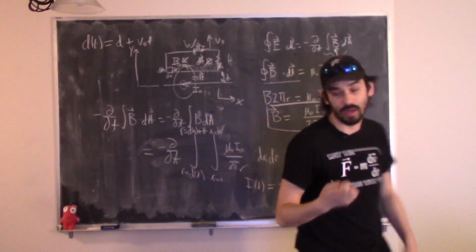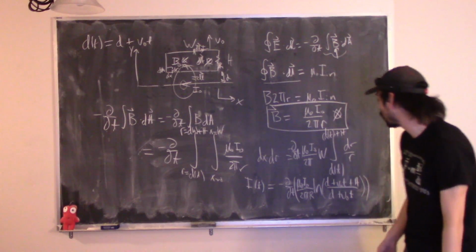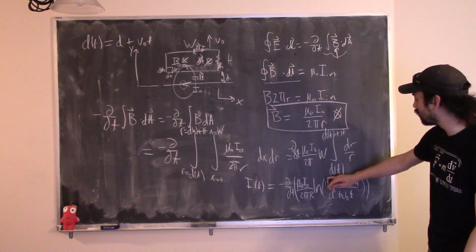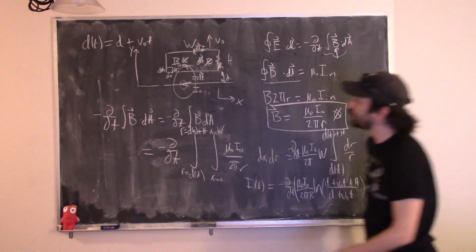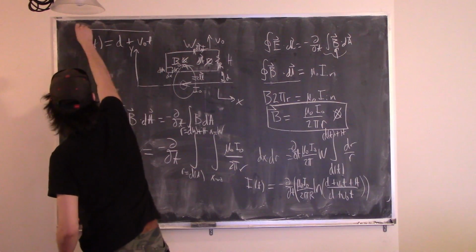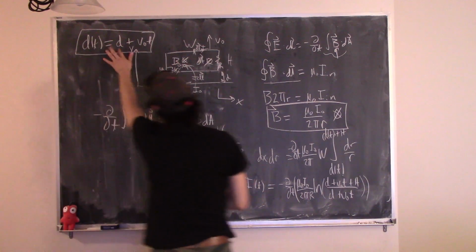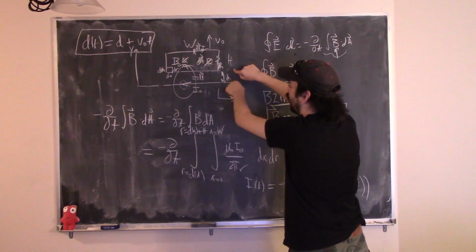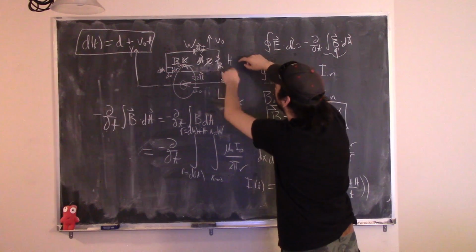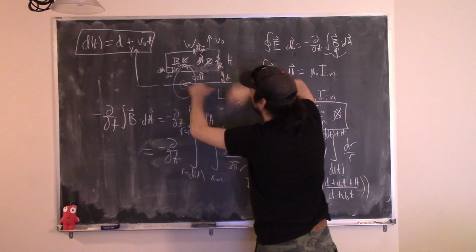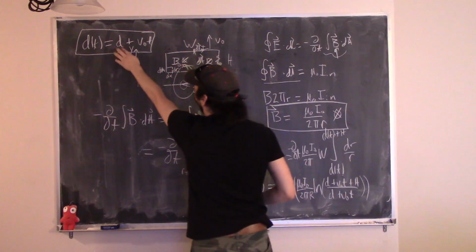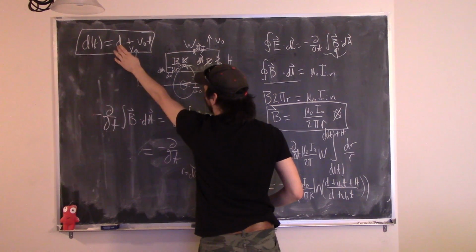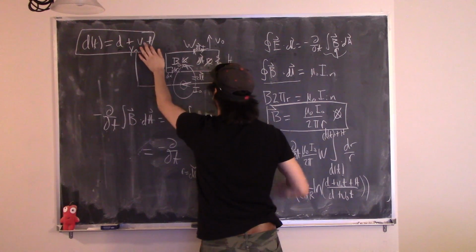It should be something that changes with respect to time, which is why I say that this is d as a function of time. I determine my d as a function of time by saying that there's some initial distance that this starts at. And then as time evolves, because this is moving at some constant velocity, I have this extra term that adds to the initial distance. So it's d plus v0 times t.